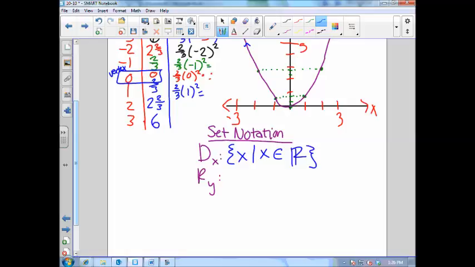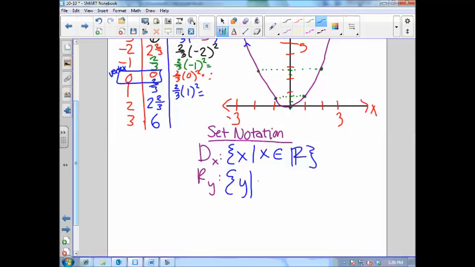Okay? The next one changes. It's the set of all, what letter? Okay, she's right there. The set of all y's such that what? Is y in the real numbers, negative infinity to positive infinity? No, we have to look at how low does the graph go. The graph goes down to 0, and then it goes up to positive infinity.